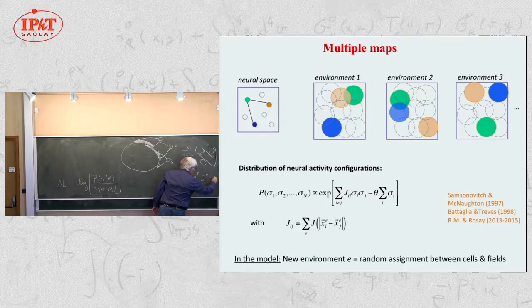So you do a random permutation of the lines and columns of J1, and you get a new matrix, which corresponds to a new assignment between the neurons and the place fields. Same number of place fields, same number of neurons, but they are connected in a different way, because they are scattered in a random way. That would be for one permutation, and then you can think of a third environment, exactly the same thing, with a new random permutation. And now add all of them together and ask what is going on with this model. This is the idea of the model. Okay?